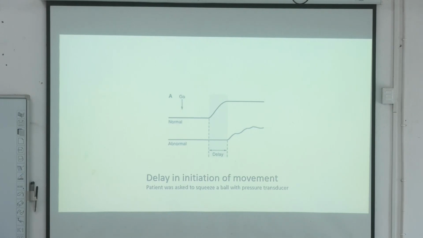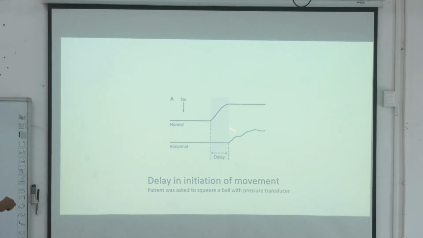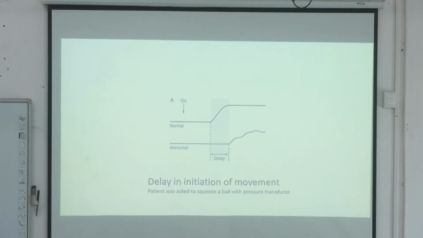In a patient of cerebellar disorder, the abnormal movement shows, first of all, delay in initiation of movement. This upstroke is not happening over here. The gray zone is the delay, and once the movement is initiated, you can see it is not smooth. This is the graphical representation of delay in the initiation of movement. I guess all of you understand, right?